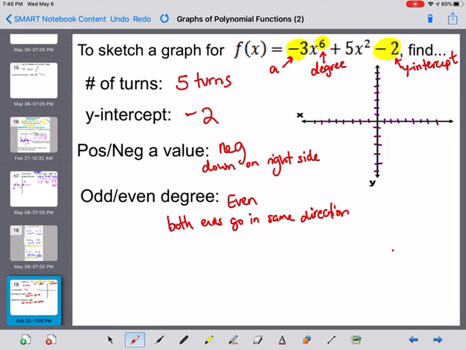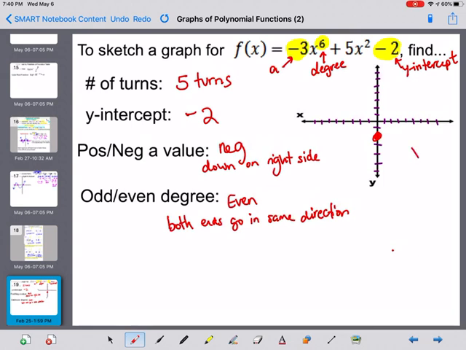Now, we can actually sketch this out. This is not in factored form, so I can't find the roots. So I can't look on the x-axis and find the roots. Can't do that. So instead, I'm going to plot the y-intercept, which is at -2. So I plot that first at -2 on the y-axis. And then I know that the right side is going to be going down, and I know that it's going to make 5 turns.